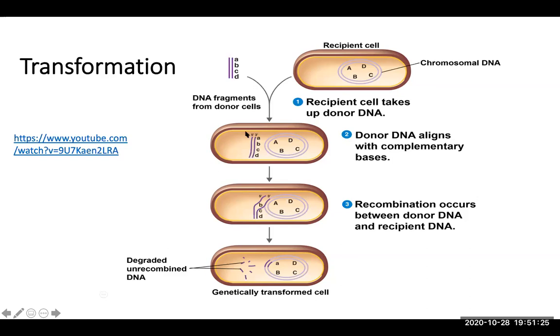So this is a little outdated, but it'd be single-stranded. And if there's a corresponding region called a homologous region, then it can line up and it can actually swap out pieces of the foreign DNA with its native DNA.